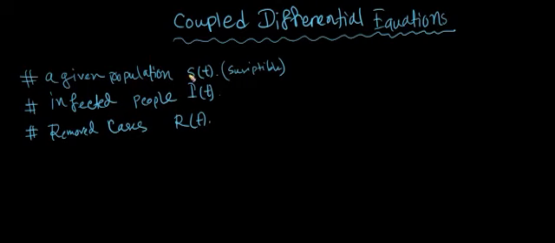So if someone wants to model an epidemic using these three pieces of information, one will get the following differential equations. One will have ds by dt equals minus alpha I plus gamma R. I'll tell you what alpha and gamma mean in a second.